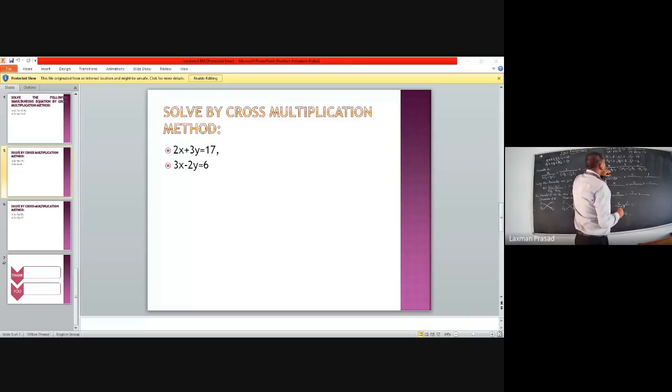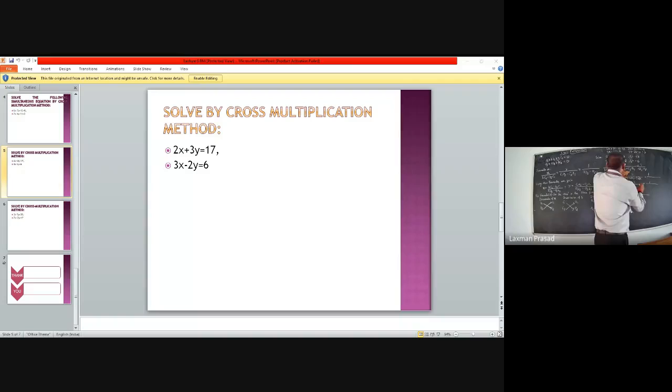The value of b2 is minus 2. The value of c1 is minus 17. And the value of b2 is 3. The value of c2 is minus 6.